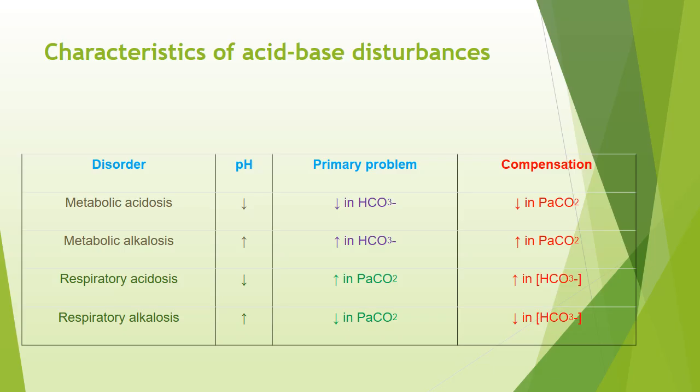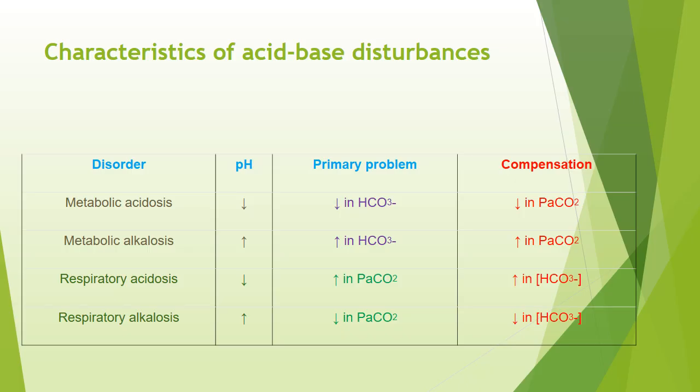Let's see metabolic acidosis. The pH will be decreasing and the primary problem will be seen in the bicarbonate level, and that too decreased, and the compensation by the respiratory system by decreasing the carbon dioxide level. In metabolic alkalosis, pH increases, bicarbonate level increases, and the compensation by the respiratory system increasing the carbon dioxide level.